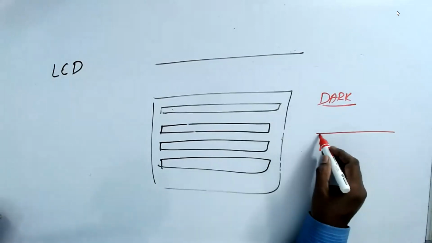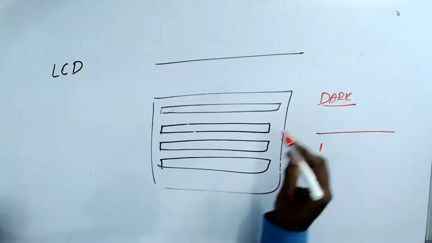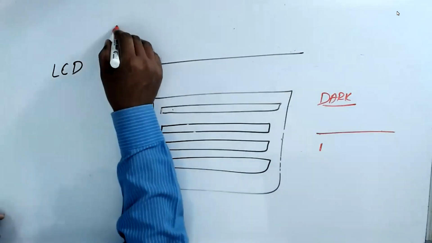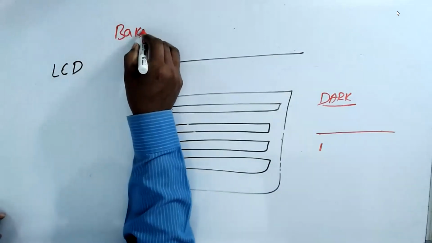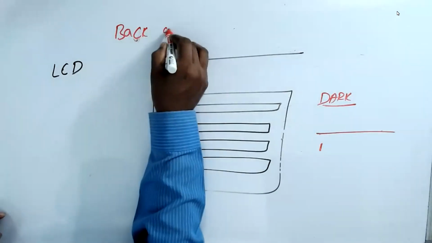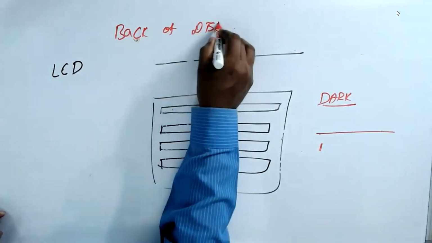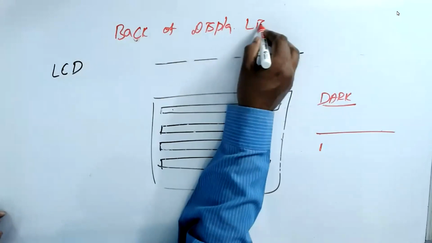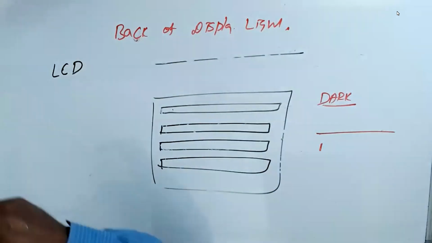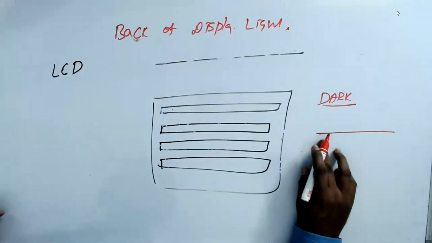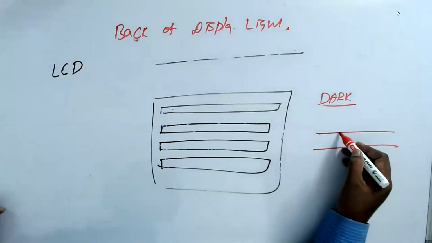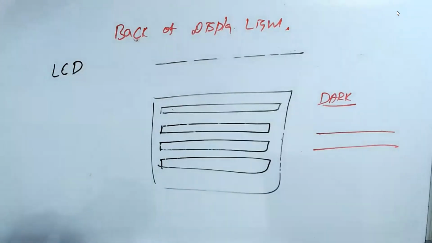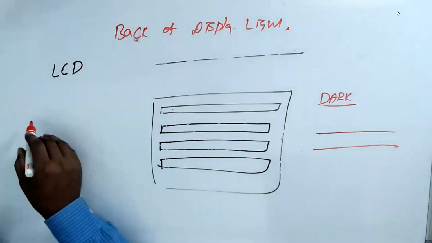If there is no light in the back of the display, it's actually called the back of display light. Every display has a light on the back side. So you see a TV screen.